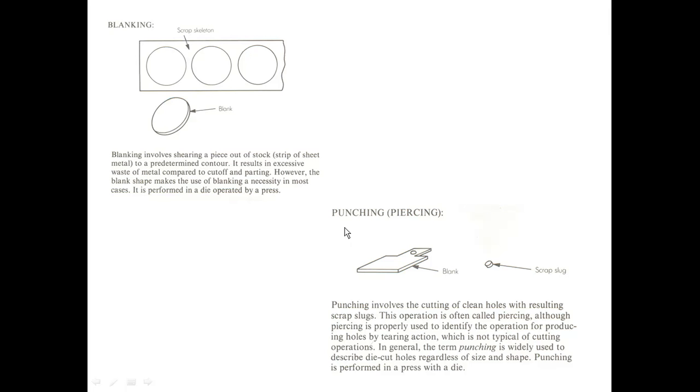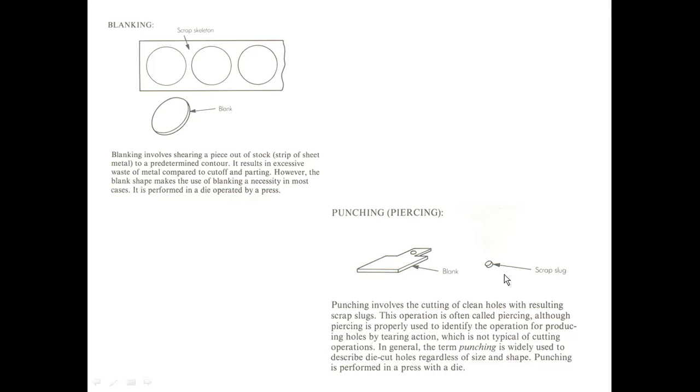Then next, the punching operation or piercing operation. Punching involves the cutting of clean holes with resulting scrap slugs. You can observe here in the strip, the required holes are to be punched, and the piece which is cut from the strip is called the scrap slug.